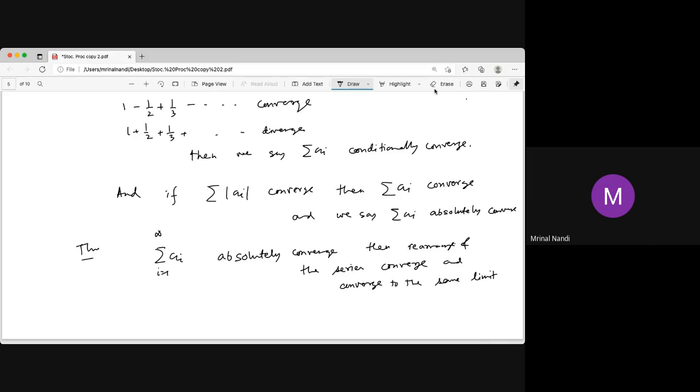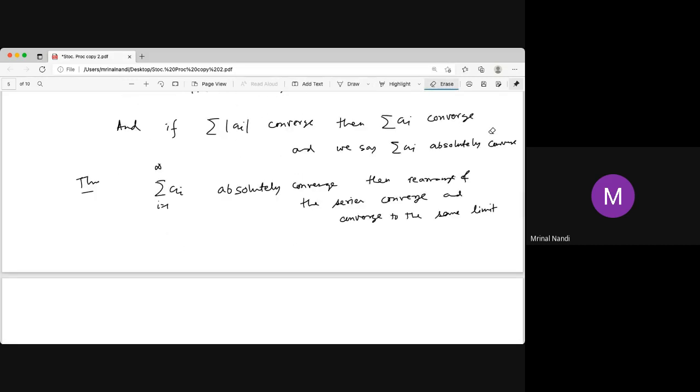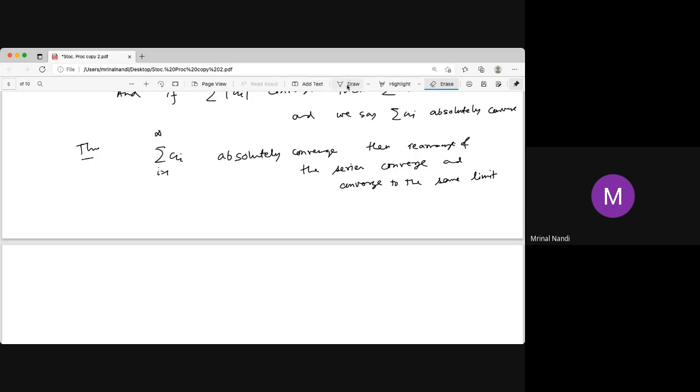So that means to define expectation, just the summation being convergent is not sufficient.